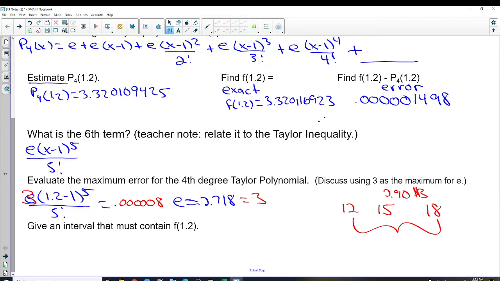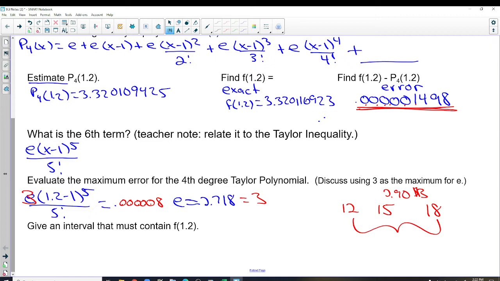That's the maximum error, and we have less error than that. The most error we can have is 1, 2, 3, 4, 5, 8, so we are under that maximum error in our approximation.